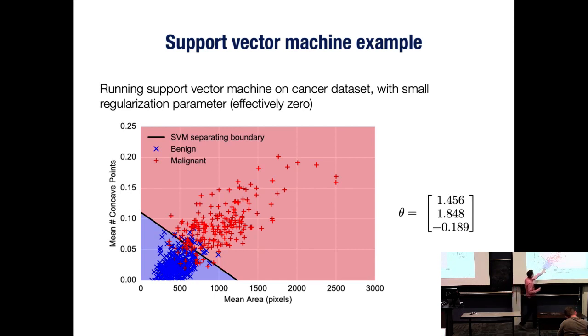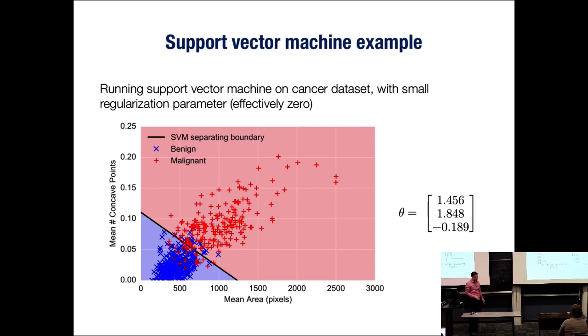And this is a plot that shows, for these two features, what is the label? Is it a benign or a malignant tumor? And this plane here is the separating boundary between the positive class and the negative class when we solve this with a support vector machine.